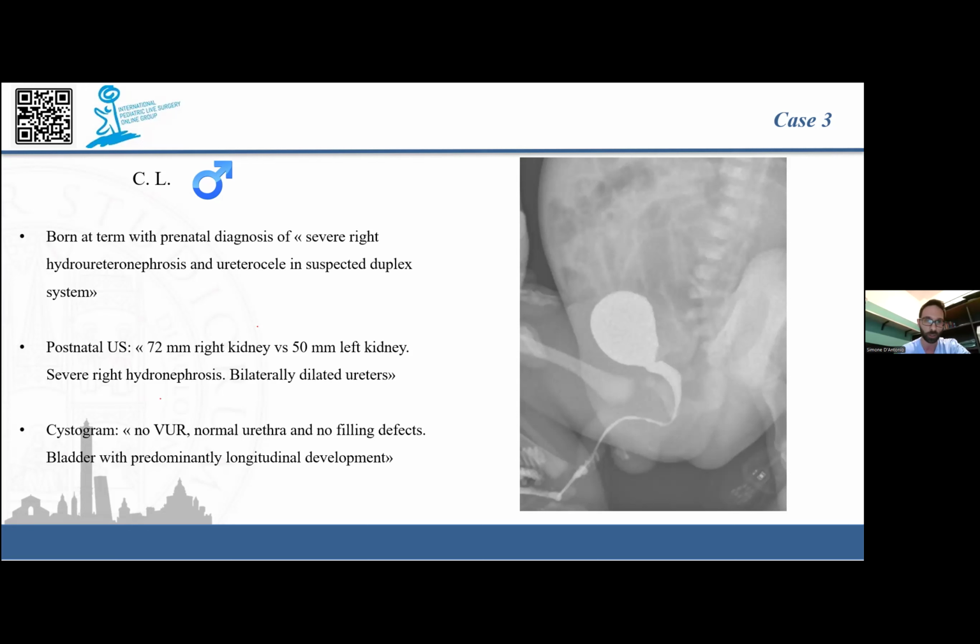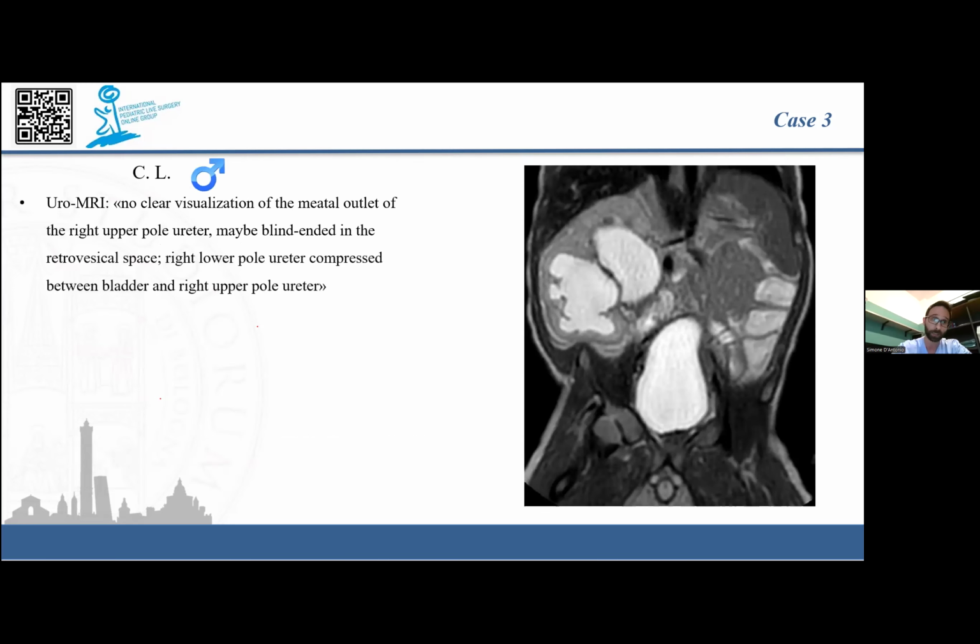We continued the diagnostic workup with the URMRI that didn't show any clear visualization of the meatal ureter outlet of the right upper pole ureter, raising the suspicion of a blind ending ureter in the retrovesical space.